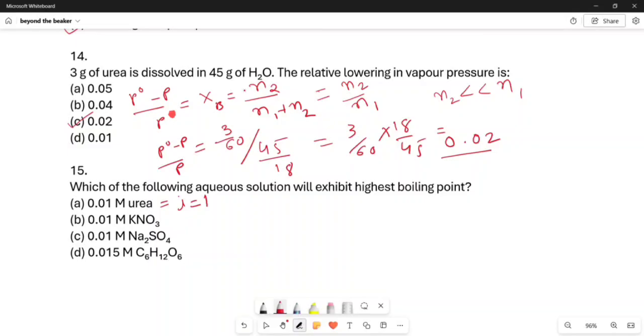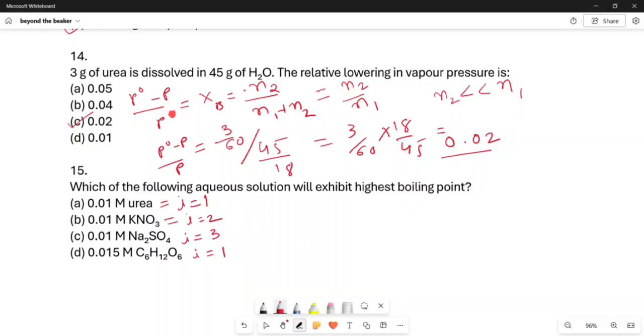In option B, 0.01 molar KNO3. KNO3 undergoes dissociation to give K plus ion and NO3 minus ion. So i is equal to 2 here. In the third case, i is equal to 2 Na plus and 1 SO4, so i is equal to 3 here. In the fourth case, glucose does not undergo either association or dissociation. So i is equal to 1.